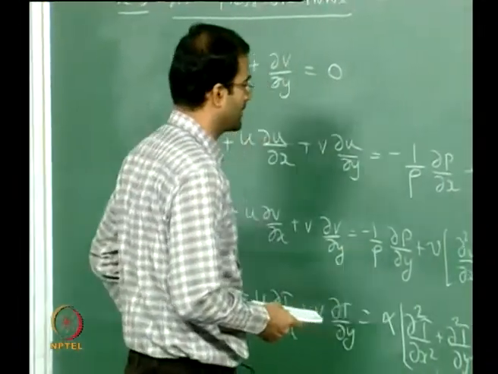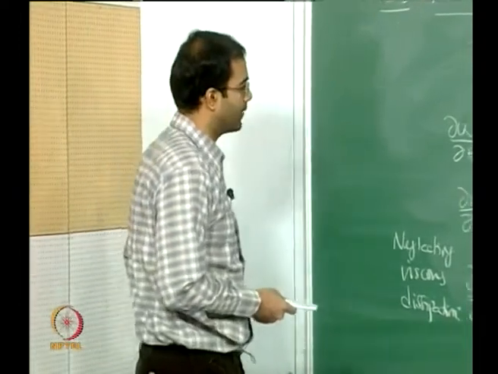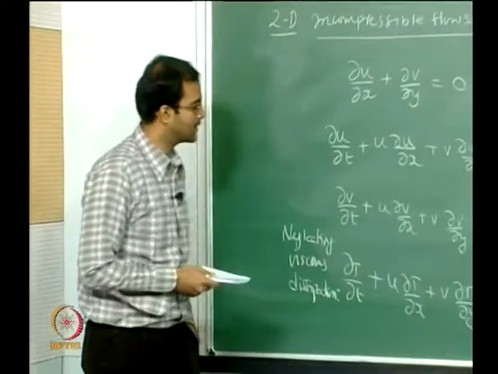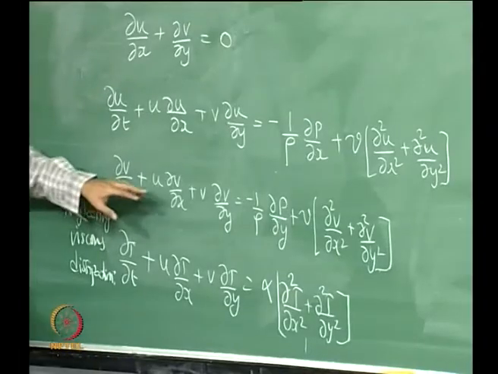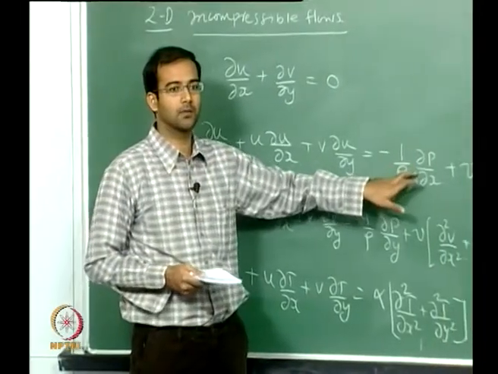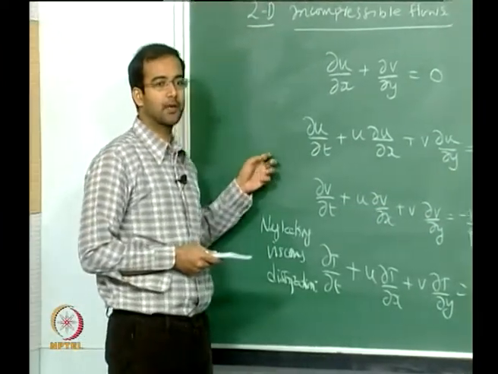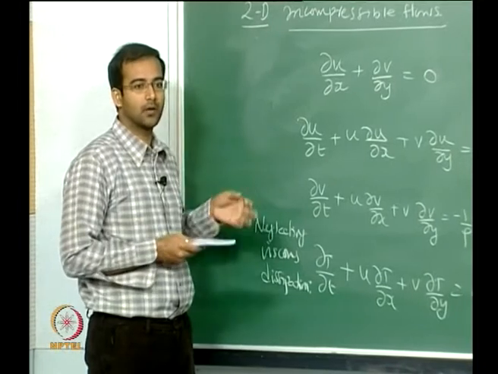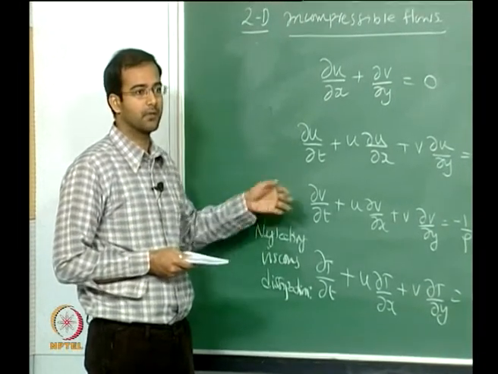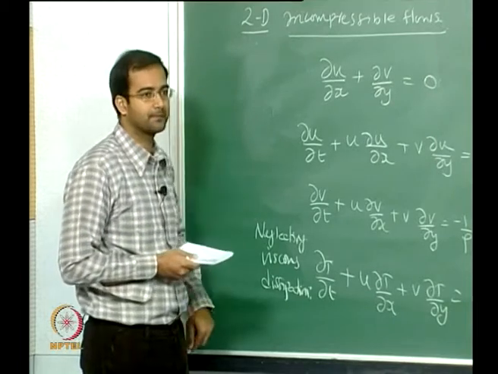You have been working with these equations in your earlier courses. Now what we have to do, we have to think a little bit. See, there is a pressure term in the momentum equations, and we want to somehow eliminate it, because as you know, we don't have a separate equation for pressure, and when we want to numerically solve that, we want to simplify this problem. So how can we probably do that?